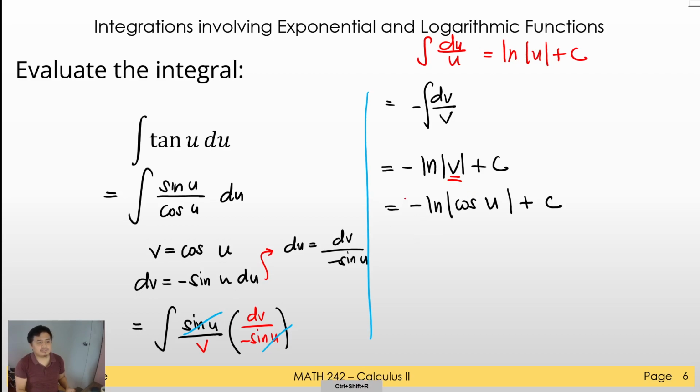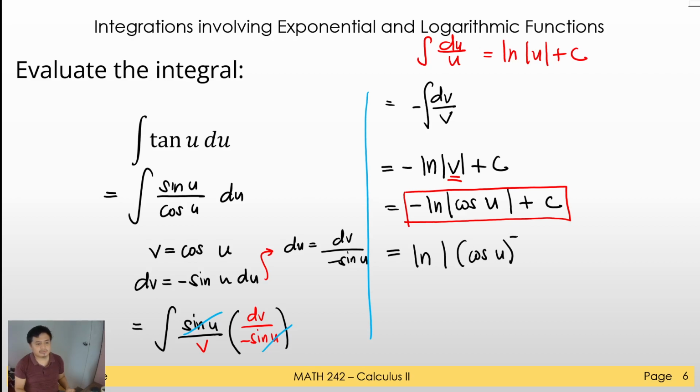Actually, this is already the final answer, but we have an alternative way to show it. By the properties of logarithmic functions, if we have a negative sign here, we can distribute it inside as an exponent. So we can rewrite this as ln of cosine u raised to negative 1, plus c. Don't be confused with the inverse; this is raised to negative 1.